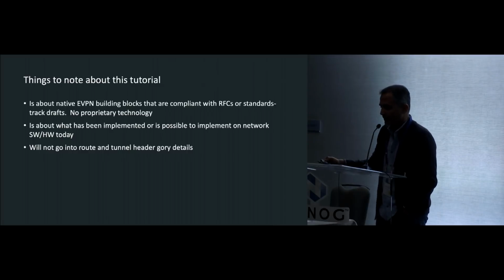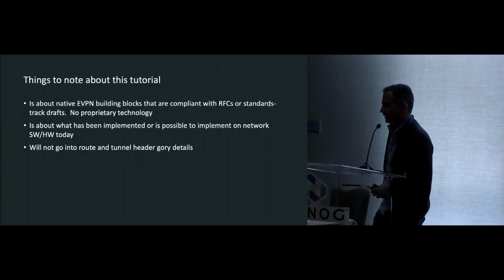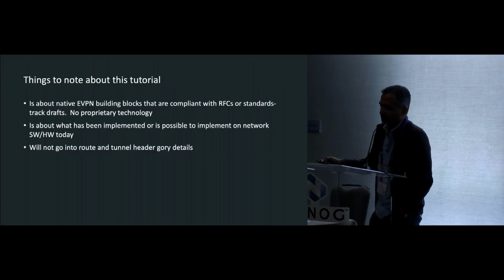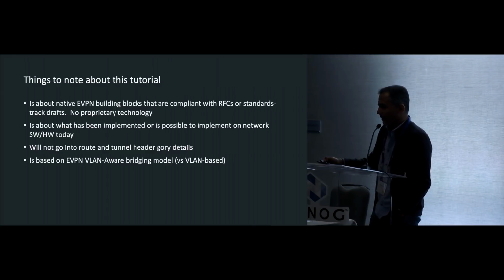So I will not go into route and tunnel header details, although some of this may be straightforward for most of you, and for some it might be a little bit too much detail. The model that I'm going to be using here, for those of you who know, is the VLAN-aware model.